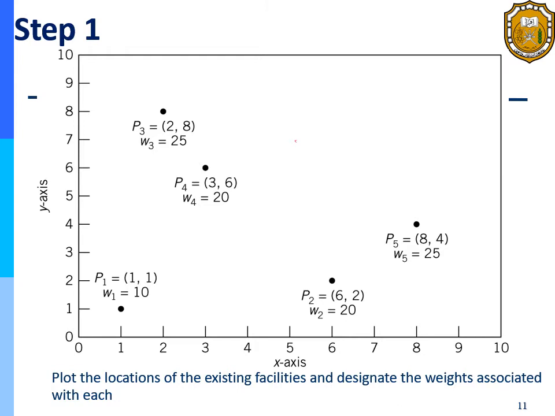We have P1, facility 1, at coordinate 1, 1, and its weight is 10. P2 is at 6, 2, and its weight is 20. Then P5, P4, P3. So we plot the existing facilities in the coordinate system.